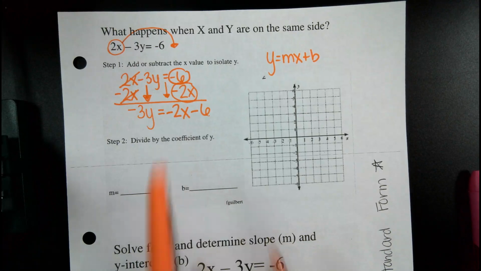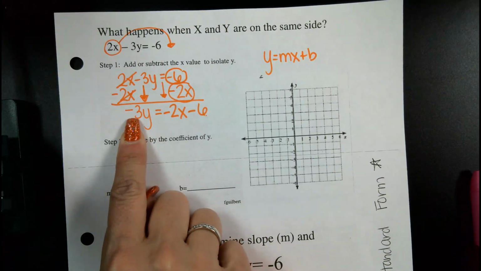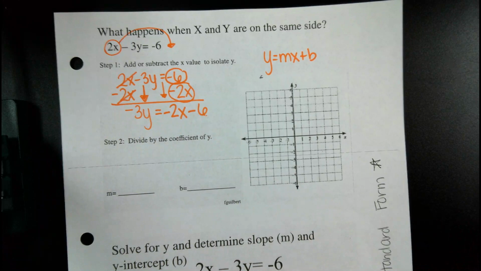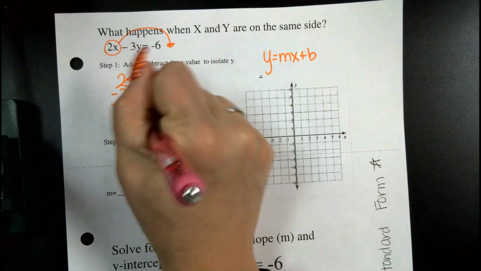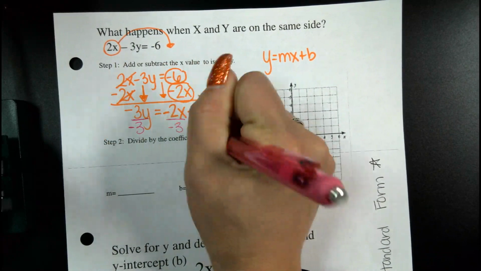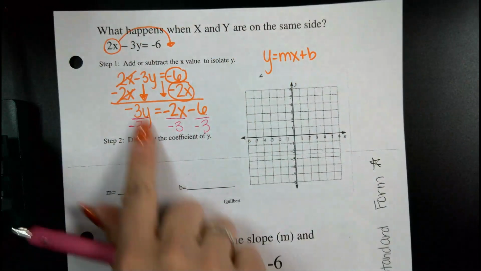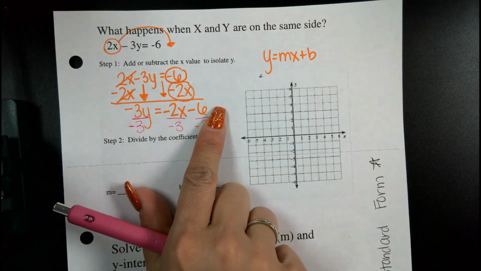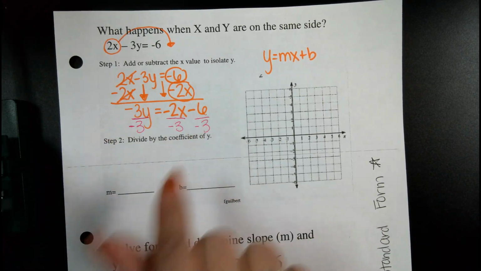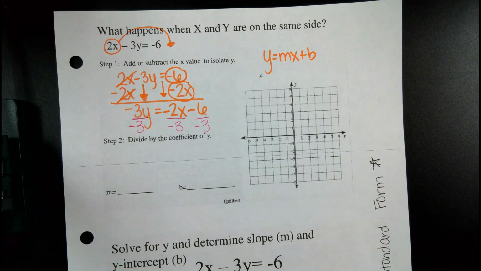So what that means is, whatever this number is right here, that's the one we have to divide by. So I'm going to go ahead and do this. Now, when it says divide by it, there were 3 terms. There was this term, and this term. And we have to divide all 3 of them by the -3.